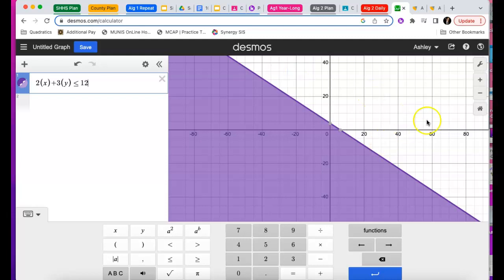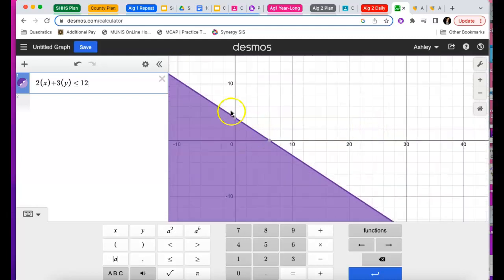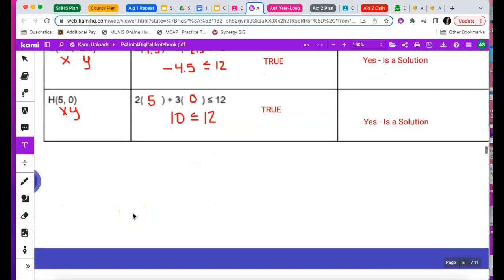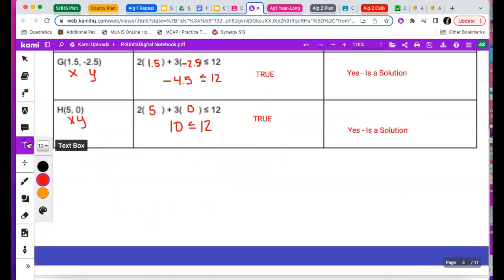So we see this. So anytime we have a solid line like that, any point that's on this solid line is a solution. Any point that's in this shaded region is also a solution to our inequality. And we're going to just make note of that down here at the bottom.